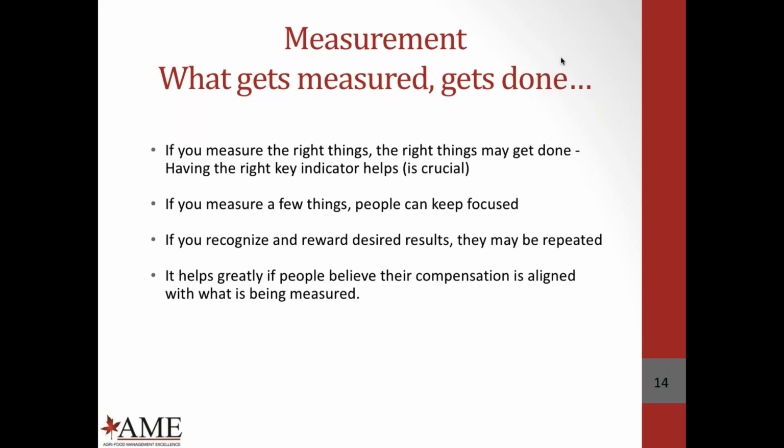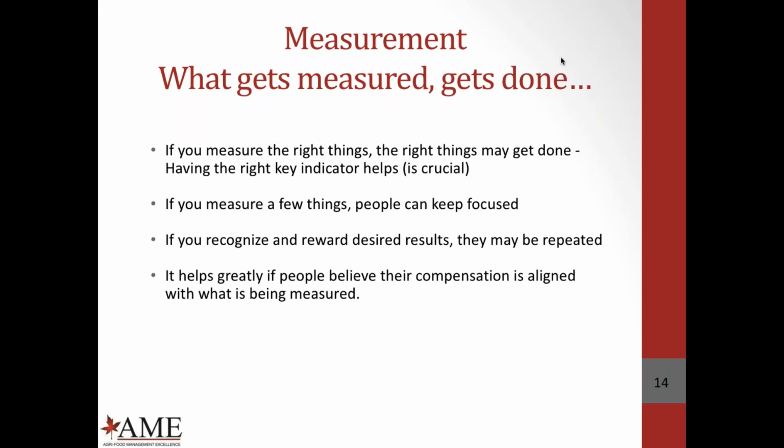And if you recognize and reward desired results, they may be repeated. That statement tends to focus on if you have employees. One of the things we talk about in C-Team is, do you share your financial statements or some information about your financial performance with your employees or staff, and are they rewarded with incentive if they have an impact on those financial statements?